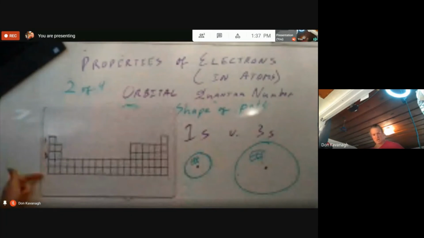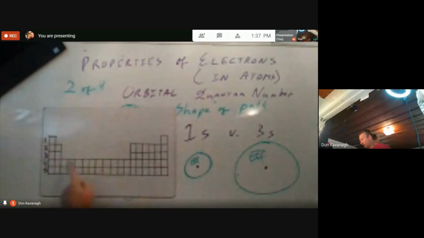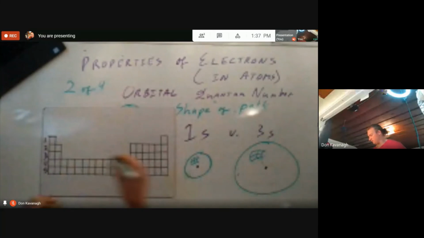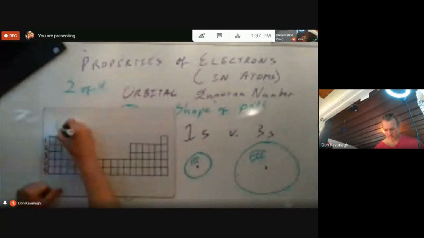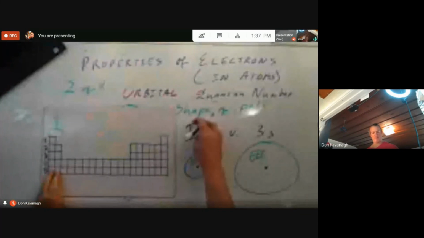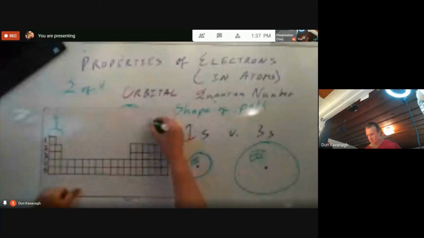This horizontal trend on the periodic table, if each box tells you about an electron, this tells you that the electrons are getting further away from the nucleus. These first two rows tell you about the shape of the path that that electron can take, being an S shape.